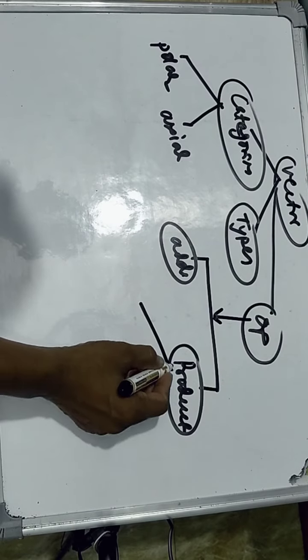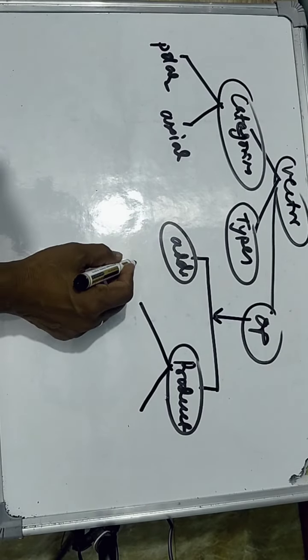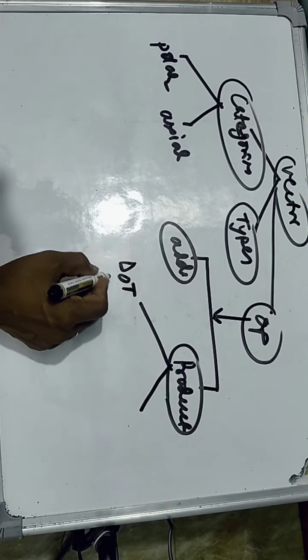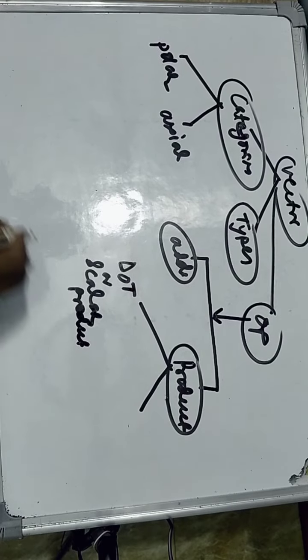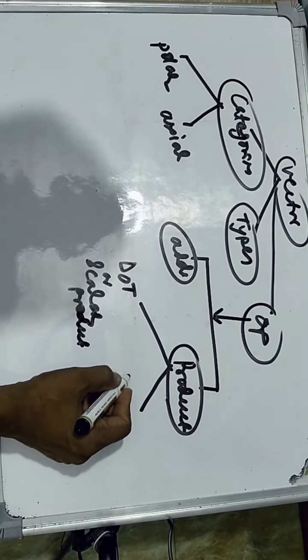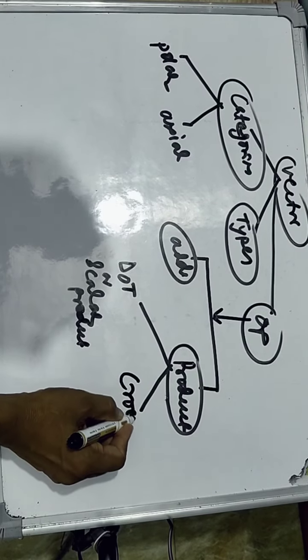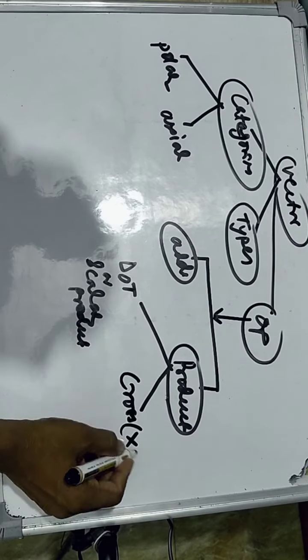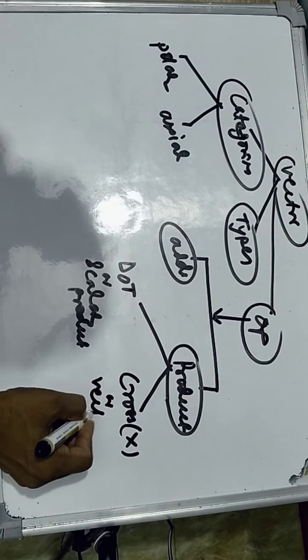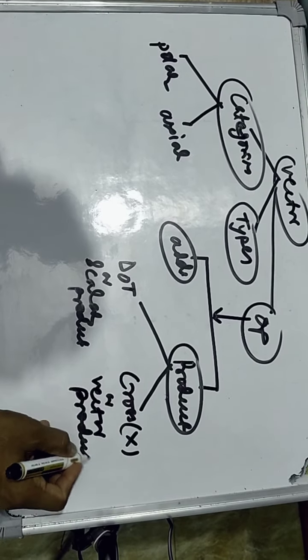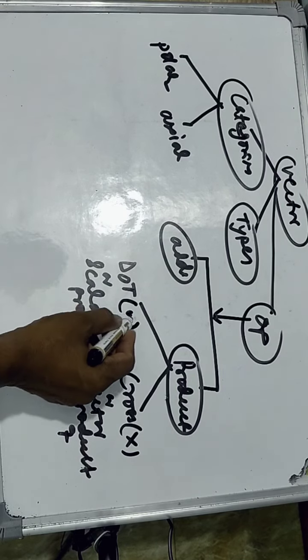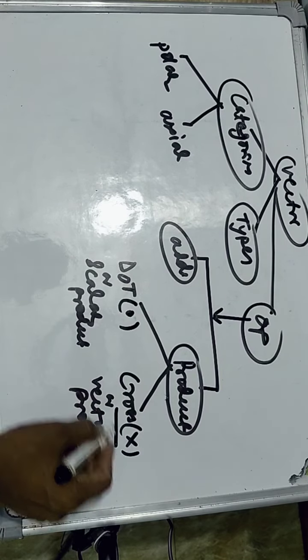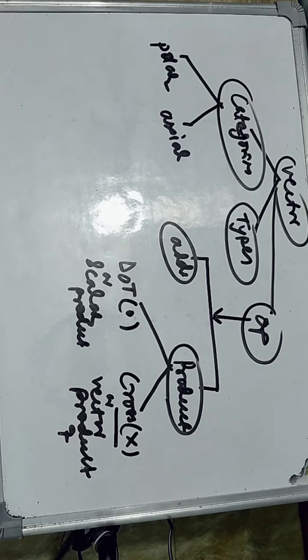In product, we will have two types again, that is dot product or scalar product of vectors, and another one is cross product or vector product of vectors. It's a dot in between two vectors. It is the cross between two vectors.